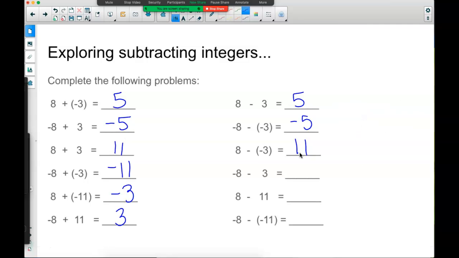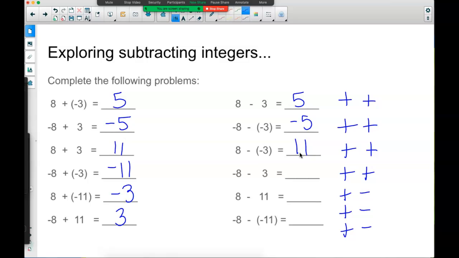And this is where it gets confusing. We have 8 positives, right? And I want to take away 3 negatives. Do I have any negatives to take away? No. But what if I did this?